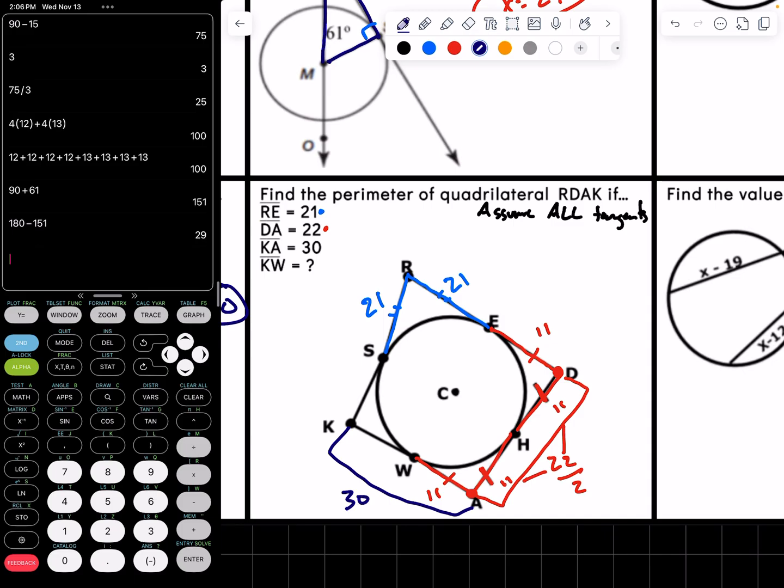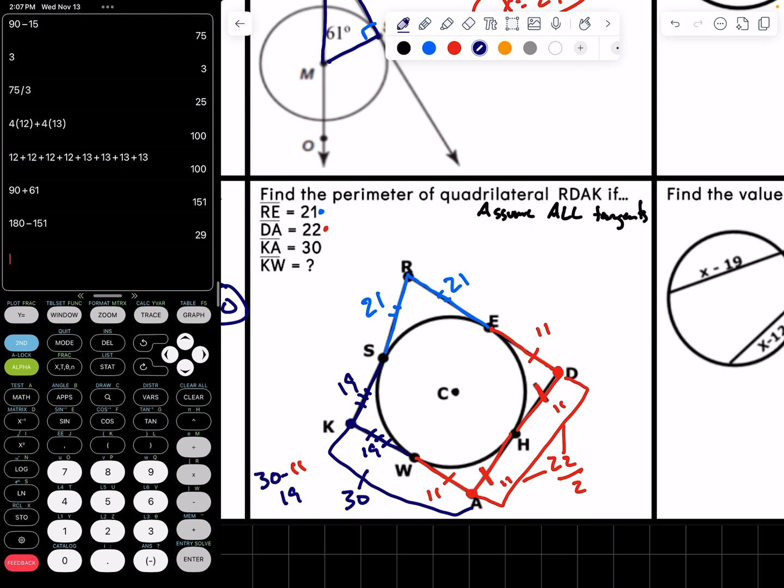If I take 11 away from that, so 30 minus 11, that's going to equal 19. So I can plug that in for this spot right here, and that's going to be congruent with KS because it meets at point K.